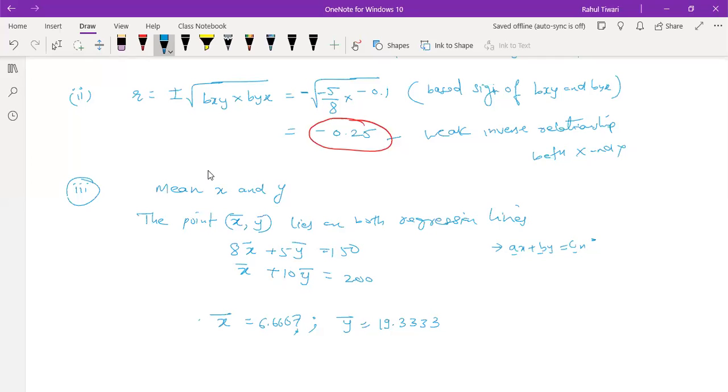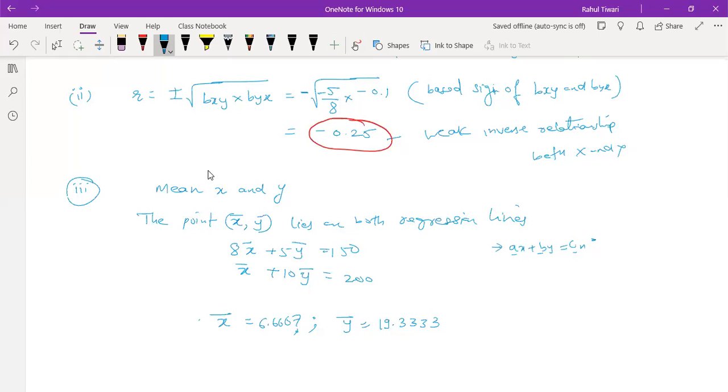So one equation is done. Again you get a, b, c, which is 1, 10, 200. So you have to press equal 6 times. When you press equal the 7th time, you will get x bar. And when you press it the 8th time, you will get y bar.